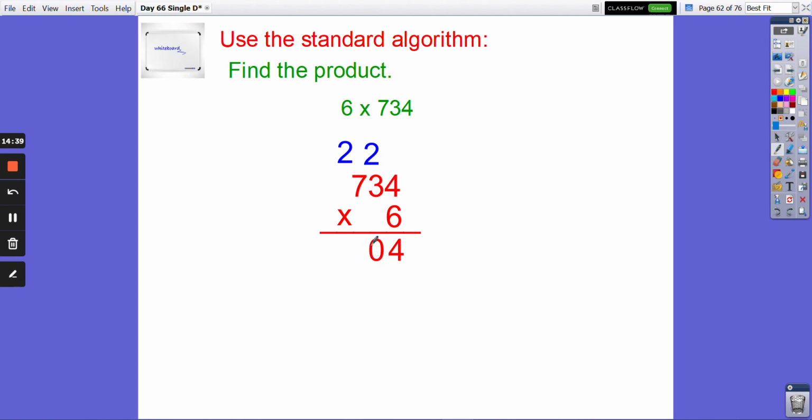We're just writing the last digit and regrouping. 6 times 7 is 42. 42 hundreds to be exact, plus these 2 hundreds. 42 plus 2 gives me 44 hundreds. We are left with 4,404. Notice we got the same answer, we just showed our work a little differently.